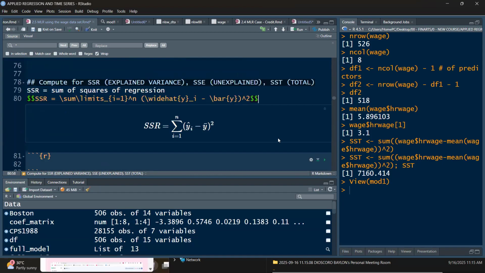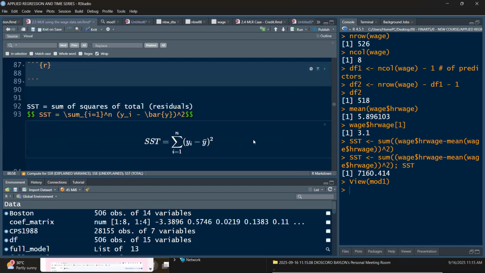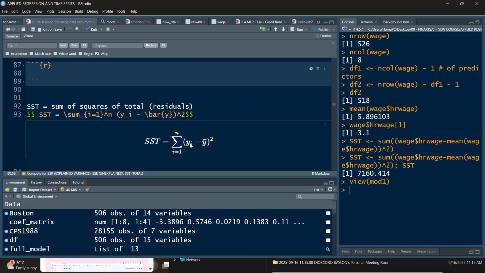So we need to compute for the SST, sum of the squares of the total. And SST here, class, as we said a while ago, we already computed it. It's your actual value minus the average value, and then we square that and then get the sum.